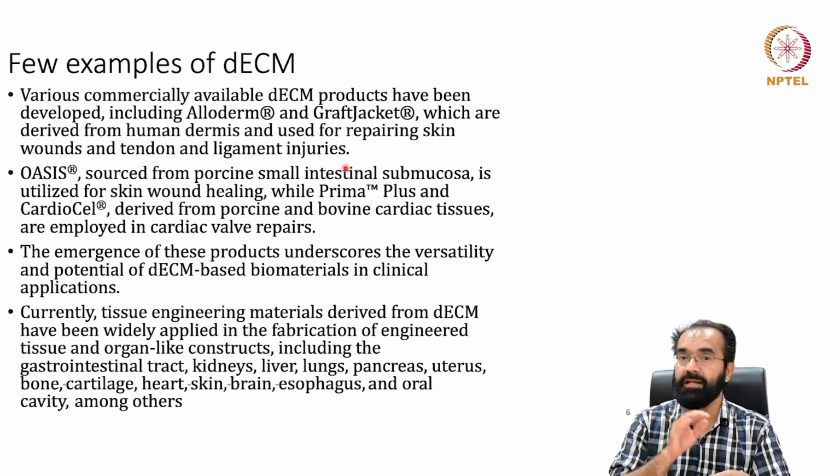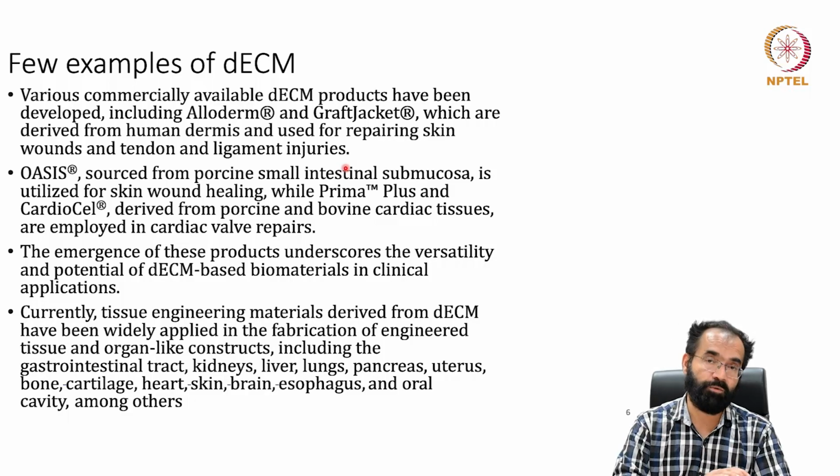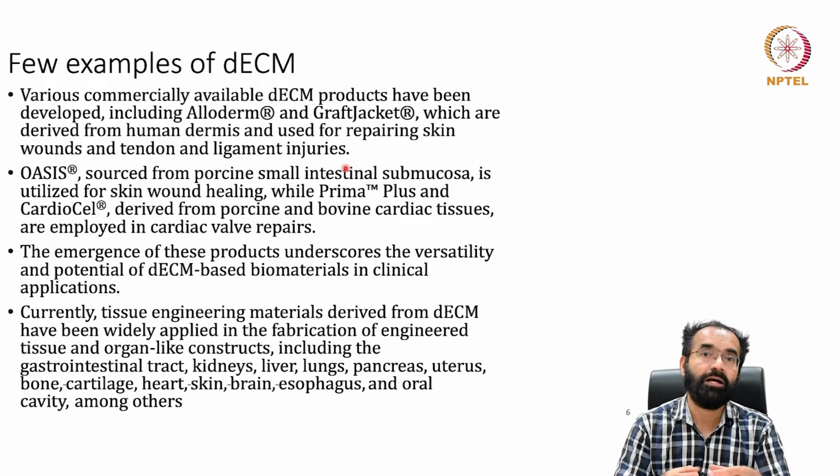Hence, you will get fibrosis or fibroblast migration. But now imagine you have the ECM of the skin and you put it on top of that wound area. Now the cells from the surrounding will migrate on this ECM and it will restore normal-looking skin. So you have no way of knowing if there was a cut or an injury.